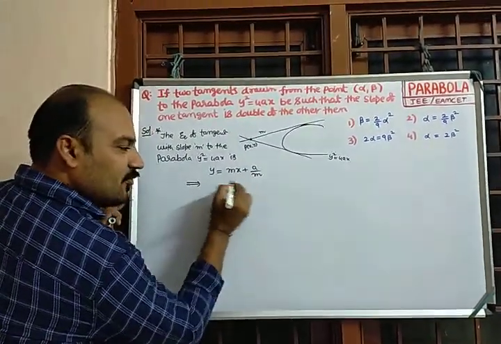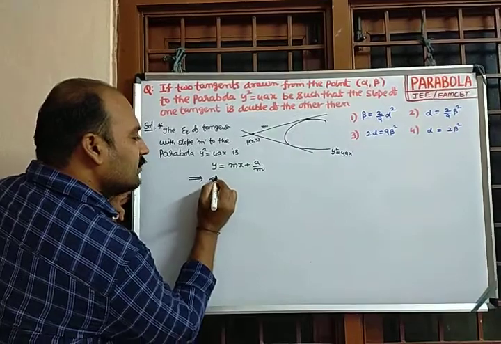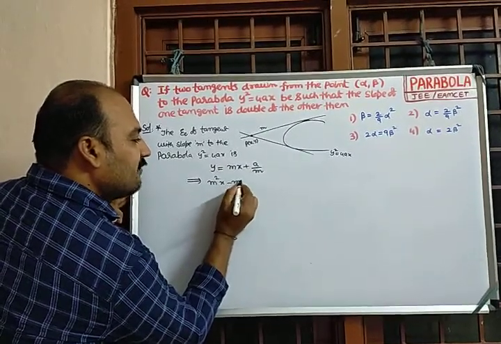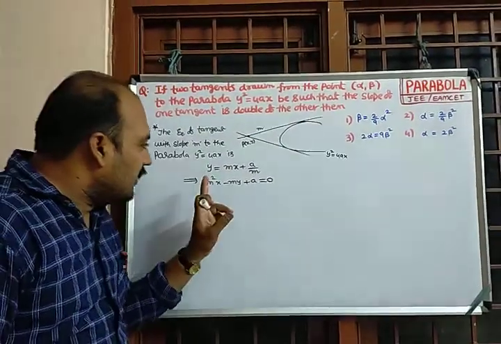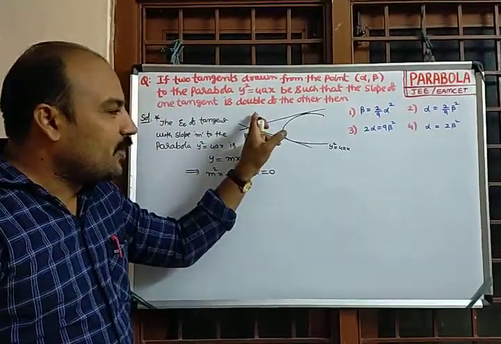Otherwise, we can write, after simplifying, m square x minus my plus a equal to 0. This equation is the tangent with slope m at what point?